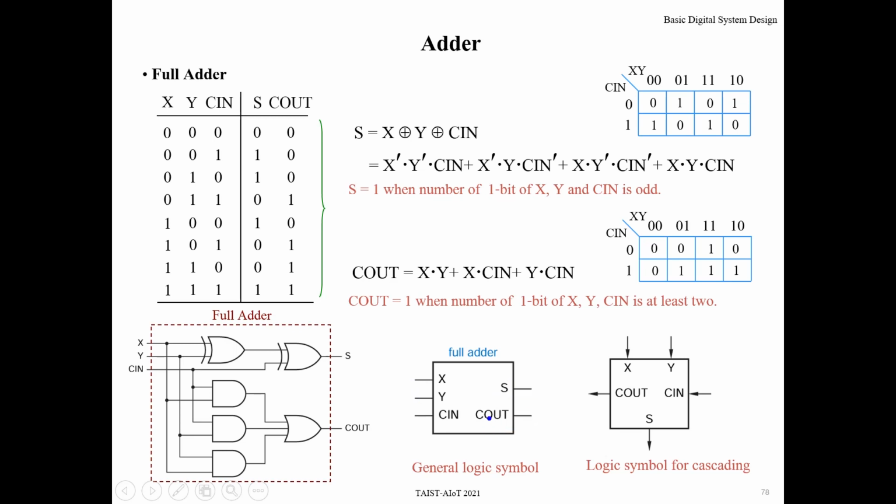If you draw the symbol like this, the input will be on the left hand side and the output on the right hand side. Anyway, if you draw input and output terminals, maybe this and this and this, you must add the direction, show direction by arrow, to show this one is input, right, this one is output.